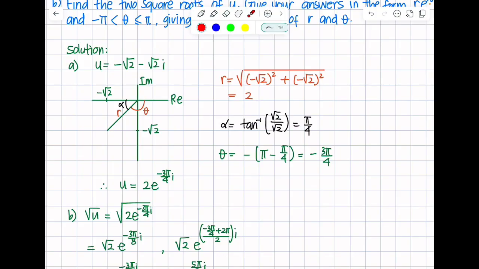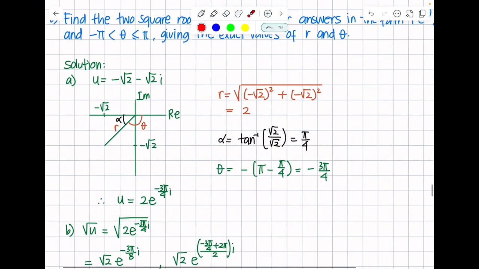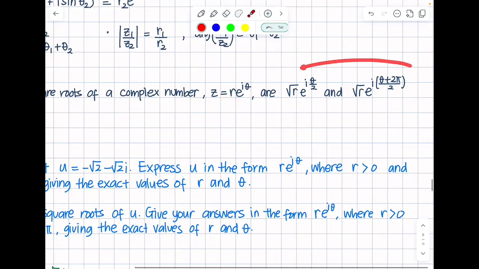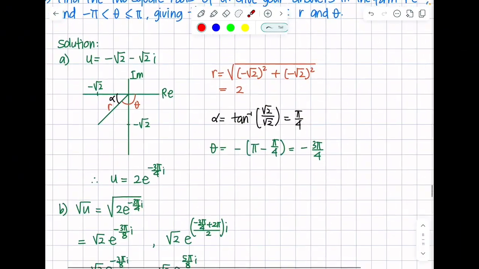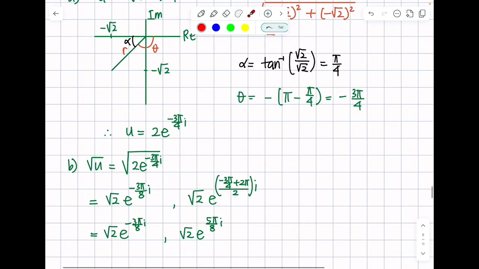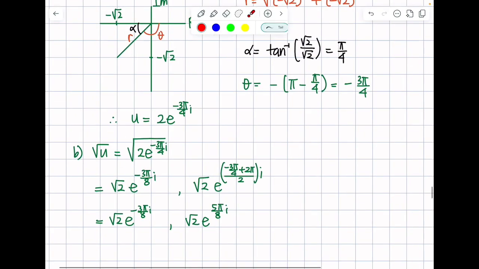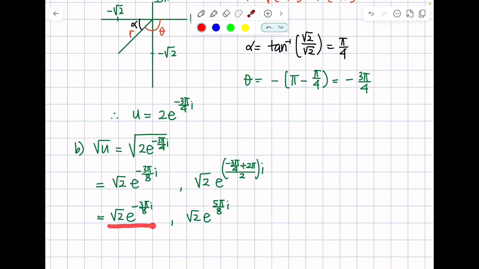How about the two square roots of u using this formula? We get our first square root of u as square root 2 e to the power of negative 3 pi over 8 i, theta divided by 2, and the second one is square root 2 e to the power of argument of u plus 2 pi over 2. So the two square roots are square root 2 e to the power of negative 3 pi over 8 i and square root 2 e to the power of 5 pi over 8 i.